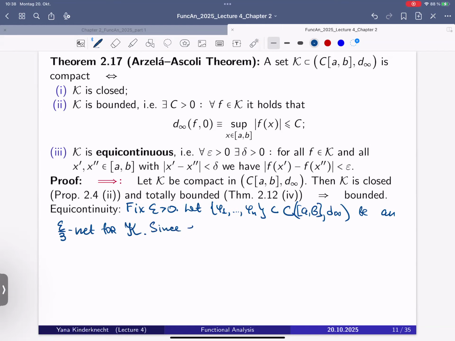Since each function phi i, from 1 till n, is continuous on this interval [a,b], which is a closed interval, each function is also uniformly continuous.